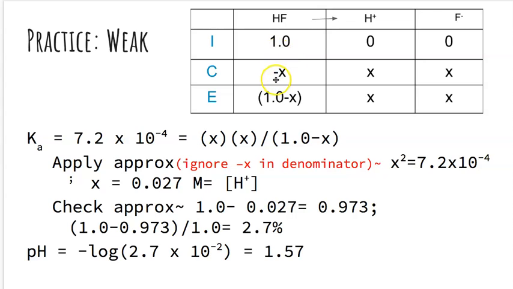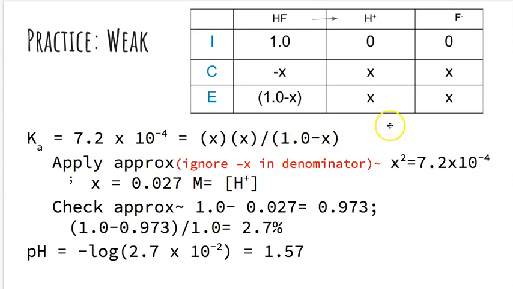We're going to lose X of that and gain X of H plus and F minus. So at equilibrium, we'll have 1 minus X of HF, X of H, and X of F. So our equilibrium expression is 7.2 times 10 to the minus 4th, the Ka, equals X times X, or X squared, over 1 minus X.